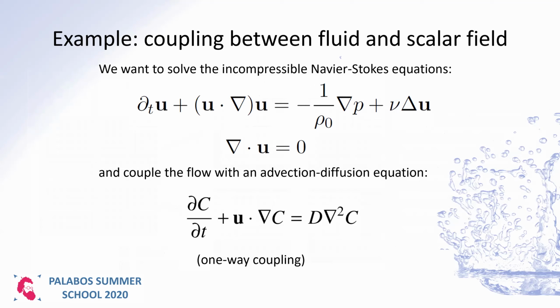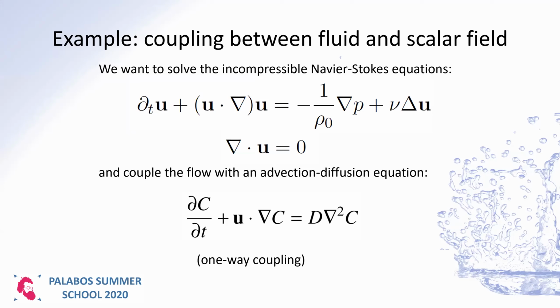On the top part of the screen, you see the incompressible Navier-Stokes equations. So the momentum equation on top and the continuity equation on bottom. This one we are going to solve through a BGK lattice-Boltzmann scheme. And on the bottom, you have the advection diffusion equation for our species C, which is advected with a velocity u that comes from the Navier-Stokes equation.